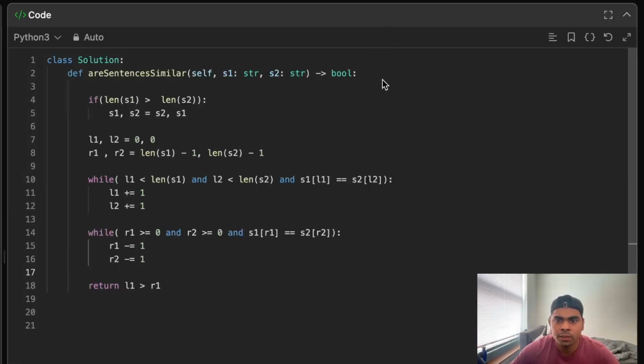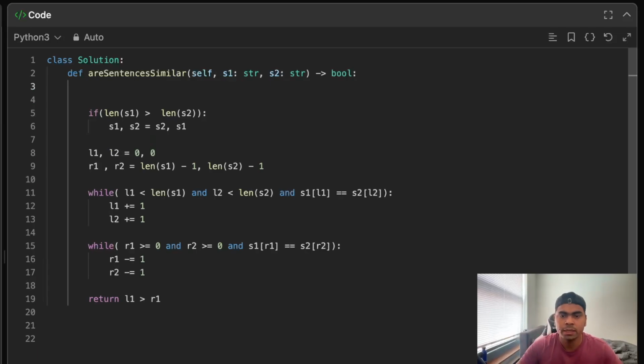And a really important thing that I forgot, I'm so stupid, is I assumed that S1 and S2 are already given as an array, but of course it's a sentence, it's a string. So we need to split them by space. When you're moving these pointers right now, this is going to the next space. They should rather go to the next word.